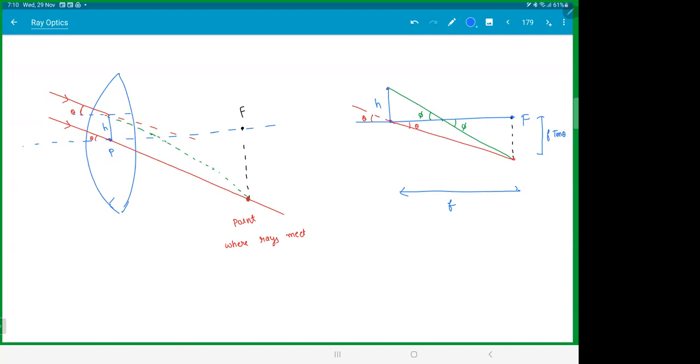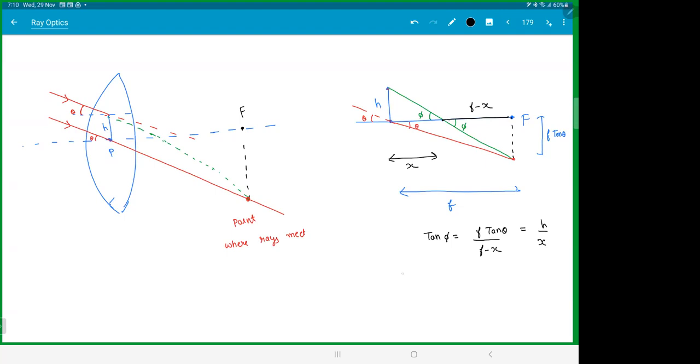Perfect. And let this distance be, again, derivation is not important, result is more important. If this is x, this one will be f minus x. So from there we get tan phi equals f tan theta by f minus x. Right? And since theta is small, what is also tan phi from this triangle? We also know tan phi is h by x.